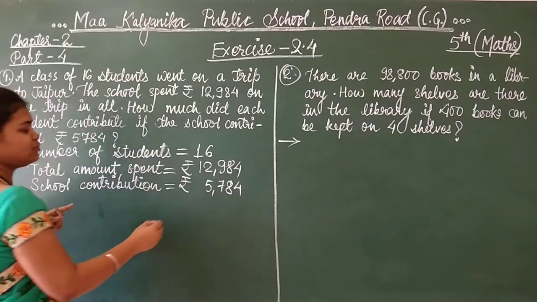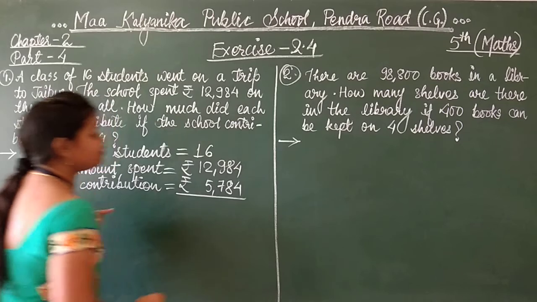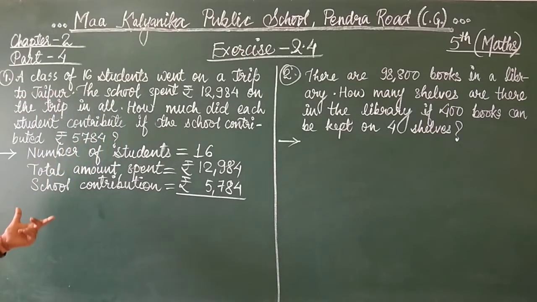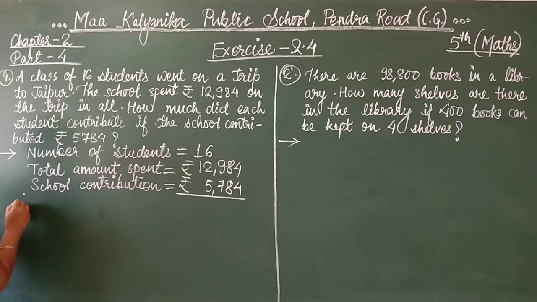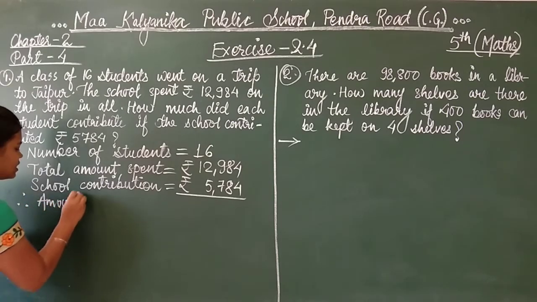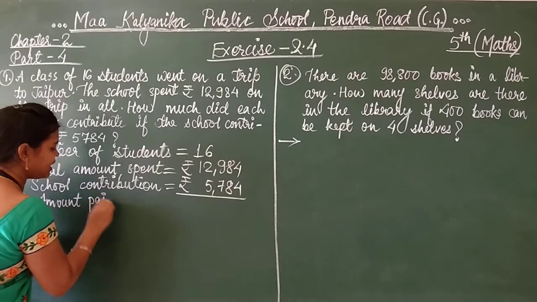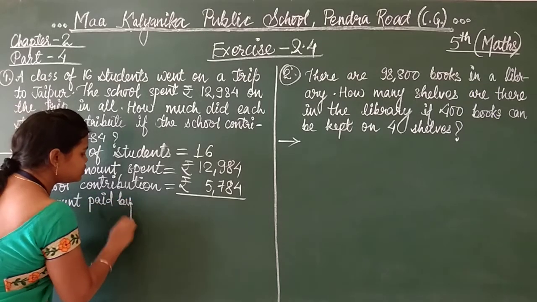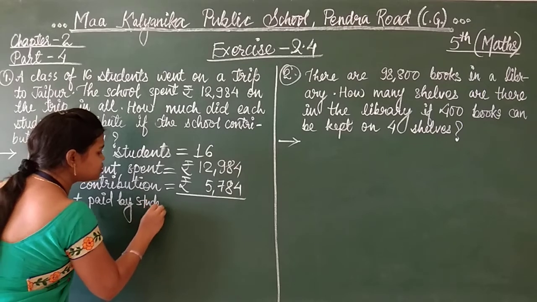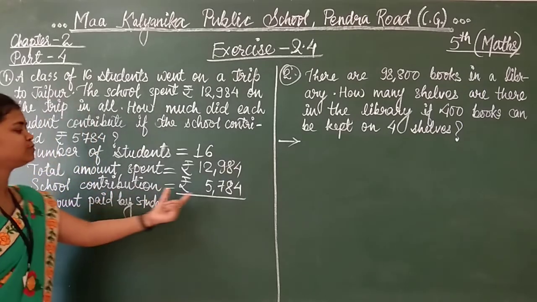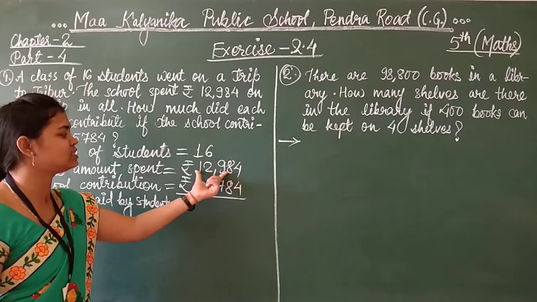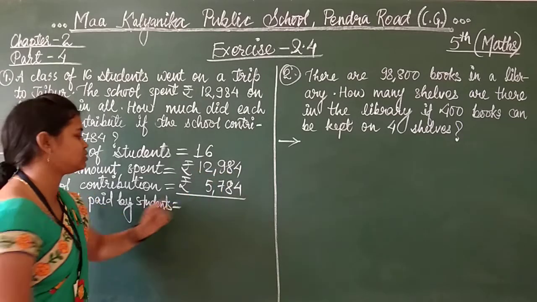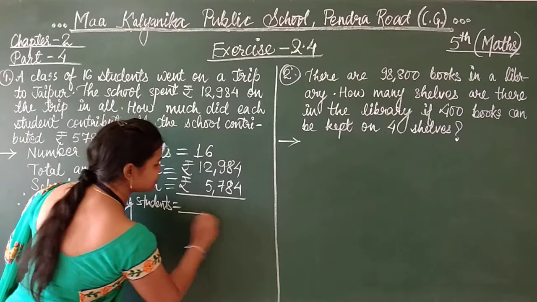So if we subtract these two numbers, we will get the amount left out of this. So therefore, amount paid by students. How much have the students paid? Because this much the school has paid, how much the student has paid, that we will get after subtracting. Why? Because total amount is this much. So by subtraction we will get the answer.